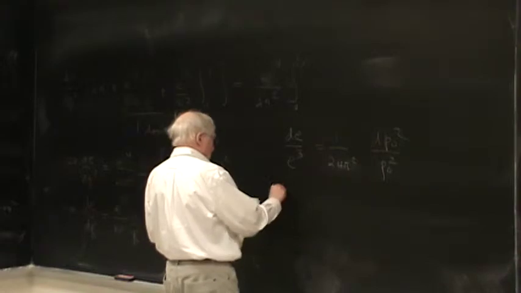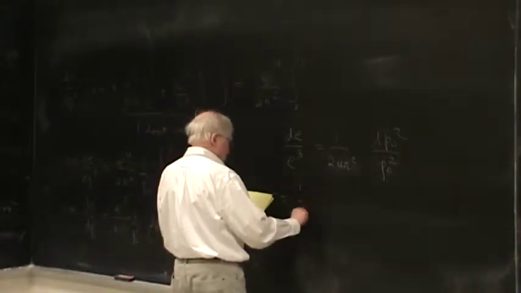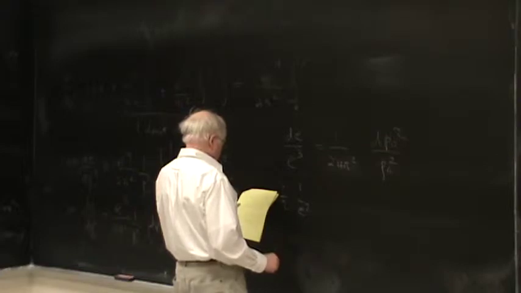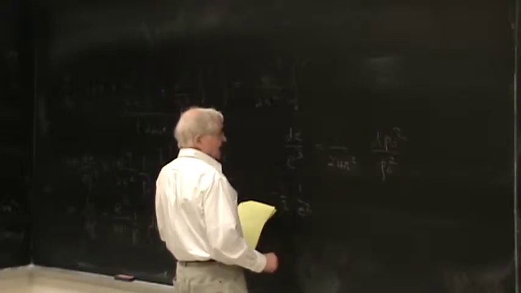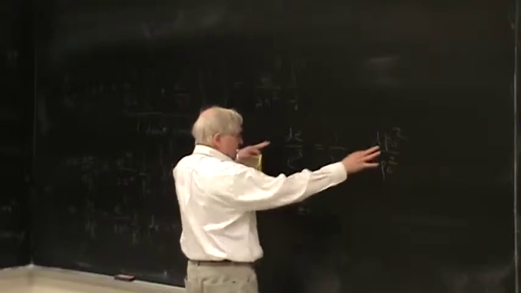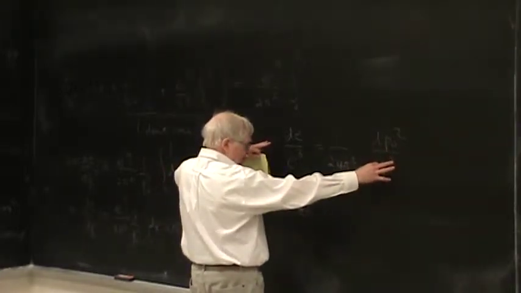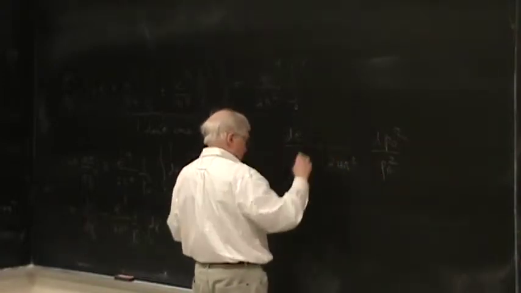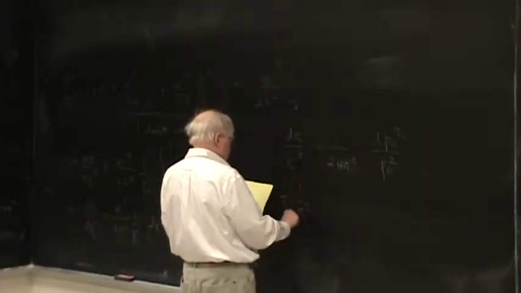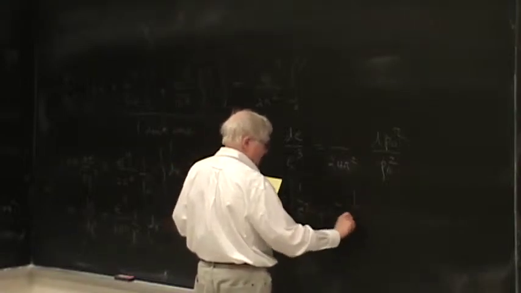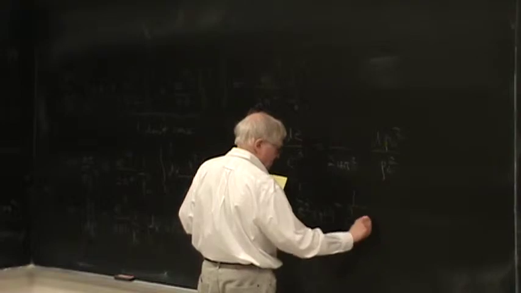So this gives you minus a half 1 over e squared, and now we're going to be integrating from p0 squared to p squared. So here we're all at p0 squared, which is why that term vanished. This is going to be 1 over e squared at p squared minus 1 over e squared at p0 squared.